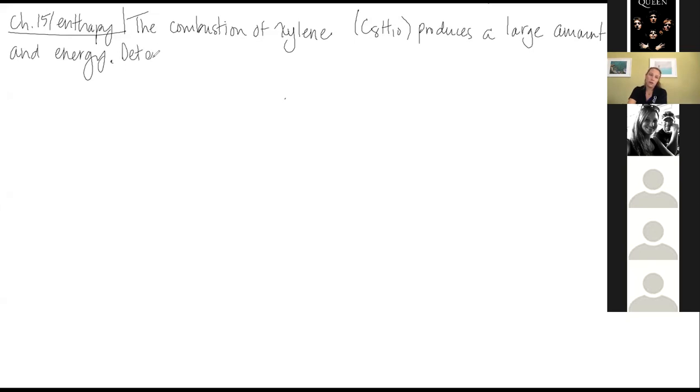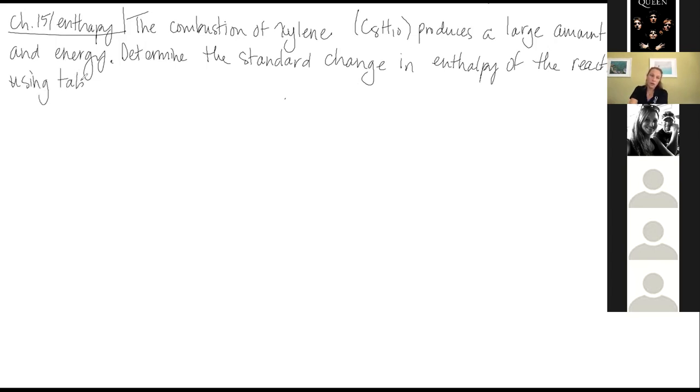Determine the standard change in enthalpy of the reaction using table 5.3, given the delta H of formation standard of xylene is negative 24.4 kilojoules per mole.